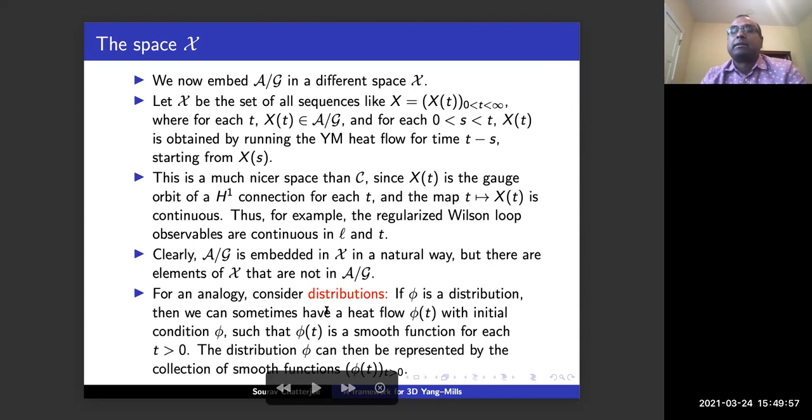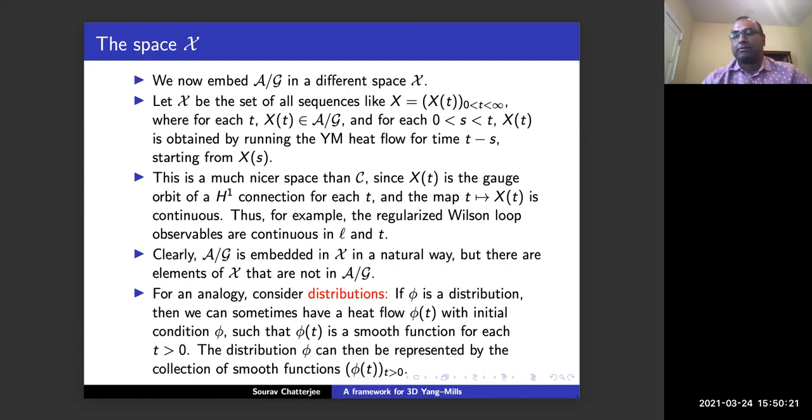So here is an analogy. Consider distributions. If phi is a distribution, we can sometimes have an ordinary heat flow, phi_t, with initial condition phi, such that phi_t is a smooth function for each t. So the distribution phi can be represented by this whole flow excluding the time point 0. For example, the Dirac delta at a point is not a function, but if you let it flow according to the heat flow, at each positive time you get a function.